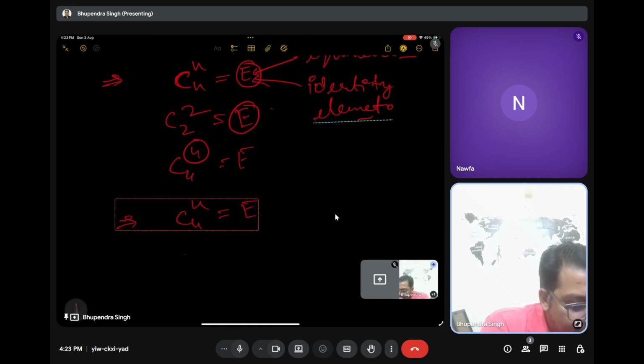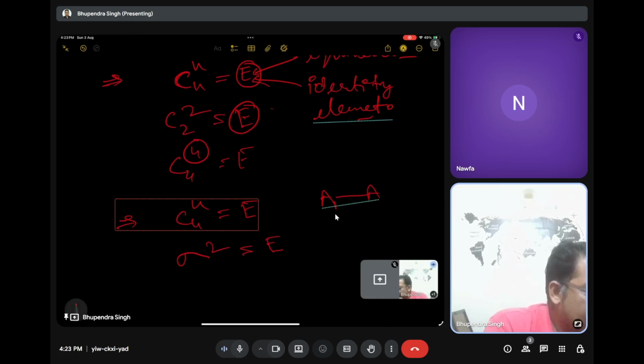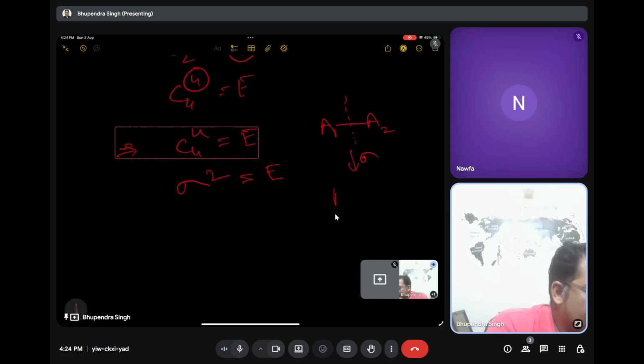For plane of symmetry, you always require 2 operations to reach the equivalent structure. Like, let's say I'm now indicating A1, A2. If this is the plane, what will happen after applying this plane of symmetry? A2 becomes like this.